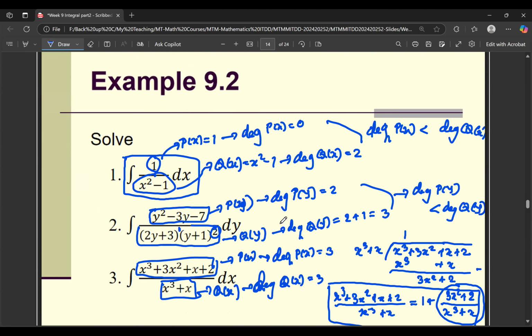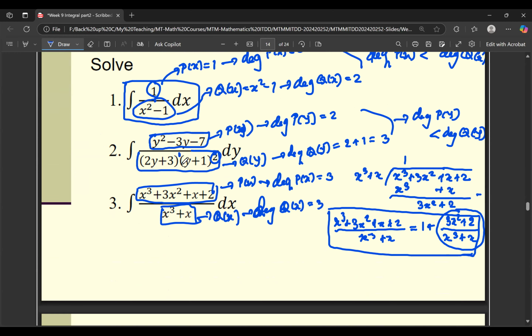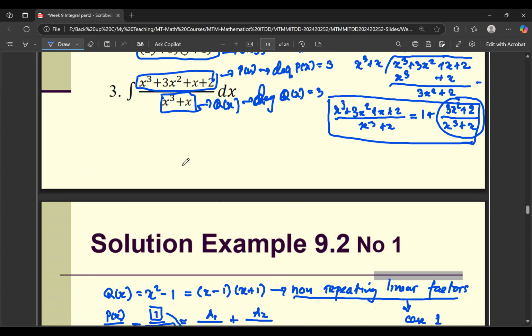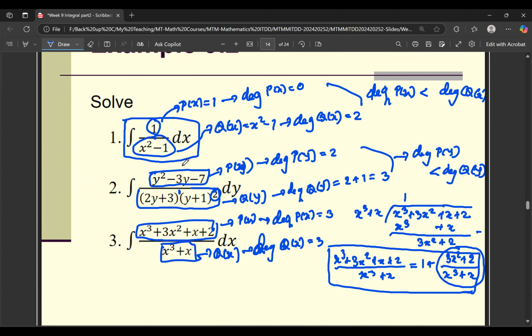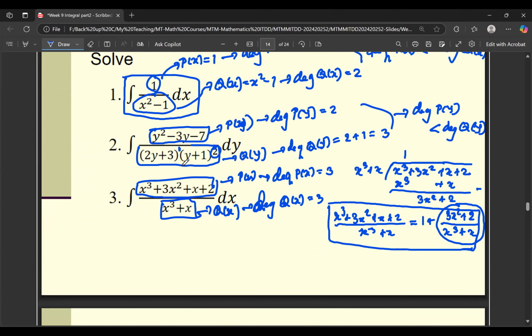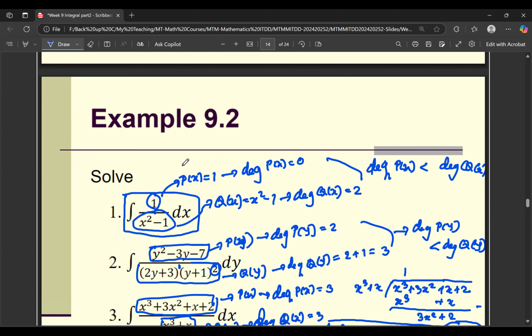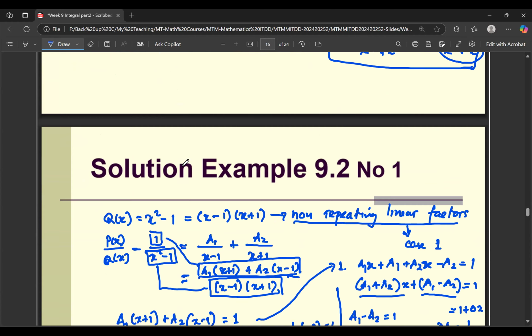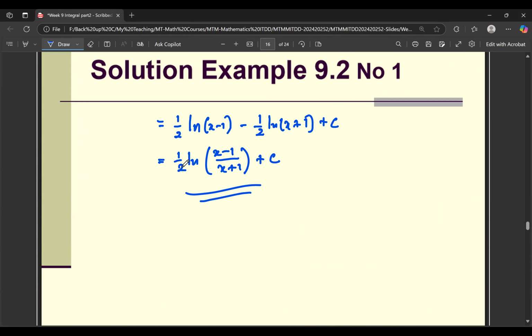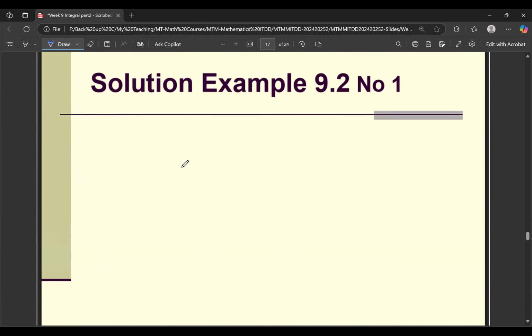Make it detailed from the beginning up to the end of the solution to make it clear for you. This is example one, example two, and three in example 9.2. Please do it as I ask you.